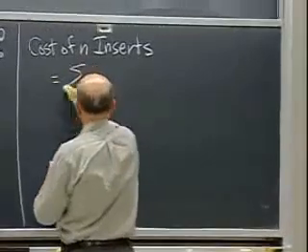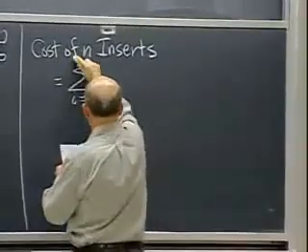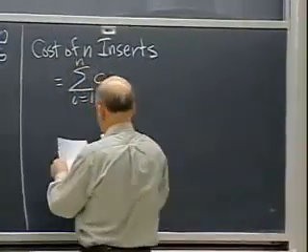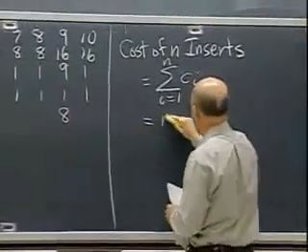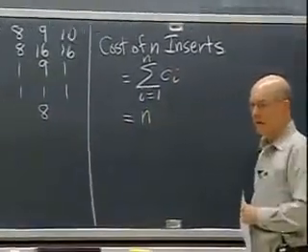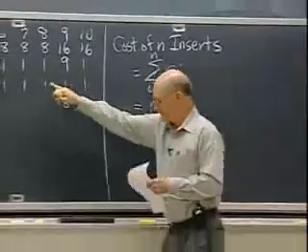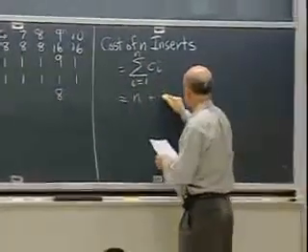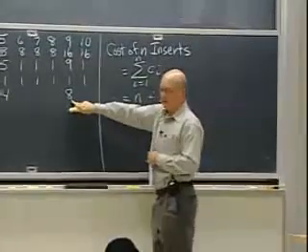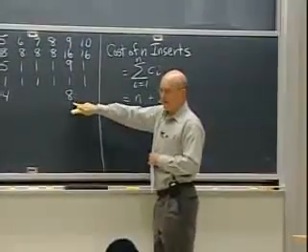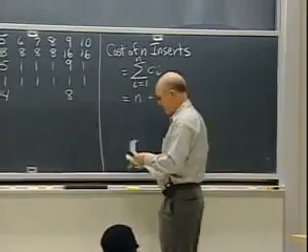That's just the sum from i equals 1 to n of c_i, which is equal to, by this analysis, essentially n, because that's what this adds up to, plus I just have to add the powers of 2 up to but not exceeding whatever my n was.